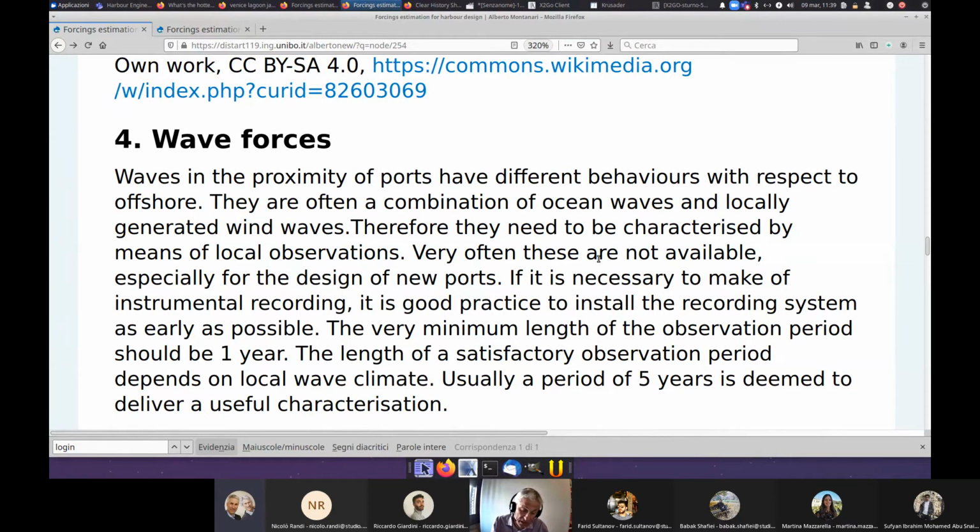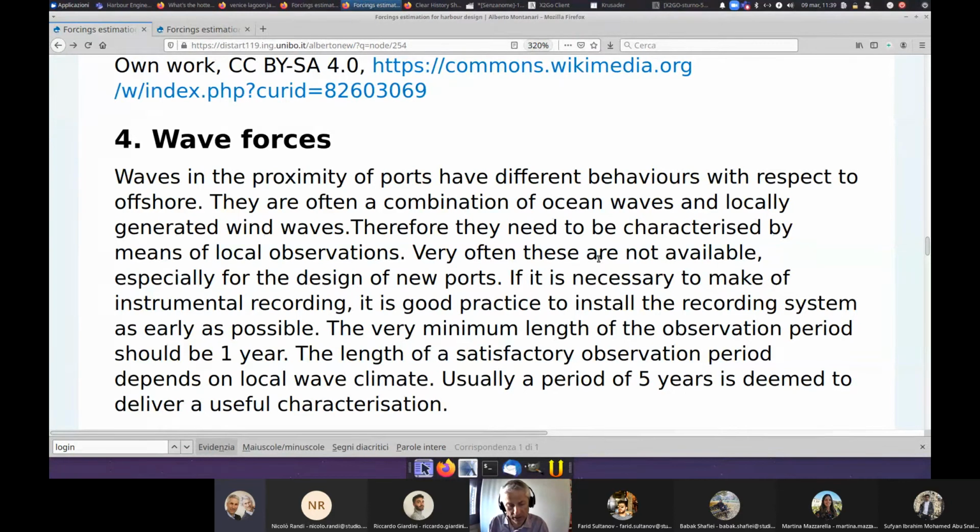Again, it's forcing originated by waves on moored ships, which is transferred to the mooring points and therefore the berths through the body of the ship. We will also discuss forcing originated by tides, but by far it is less important than the forcing originated by wind and by waves.